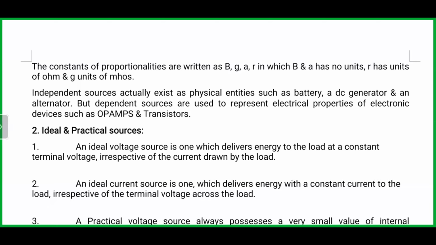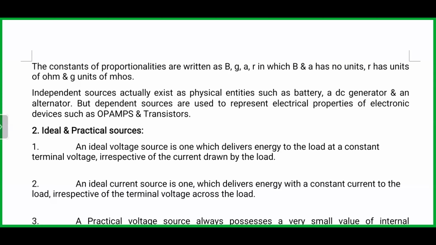R has units of ohm. That's where we derive Ohm's law from. G has units of mho, that's siemens, also millimho.